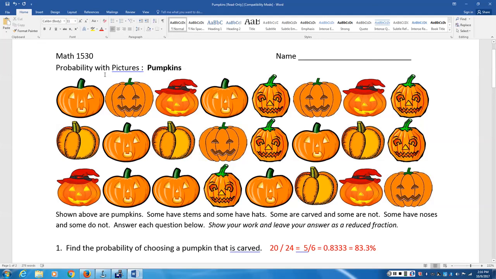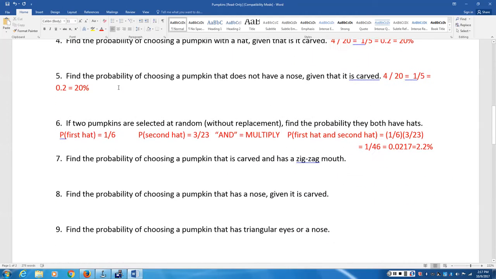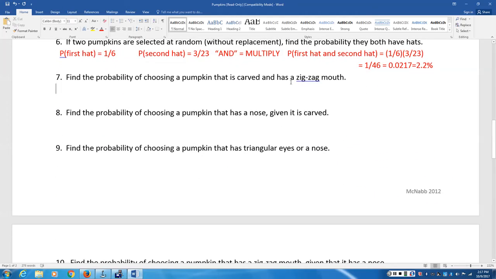Y'all agree? And of course, if it's got a zigzag mouth, it has to be carved. So did it say given that it's carved, or did it say just and it's carved? So how many pumpkins am I counting it out of? Only the carved ones or all of them? I think I'm counting them all.